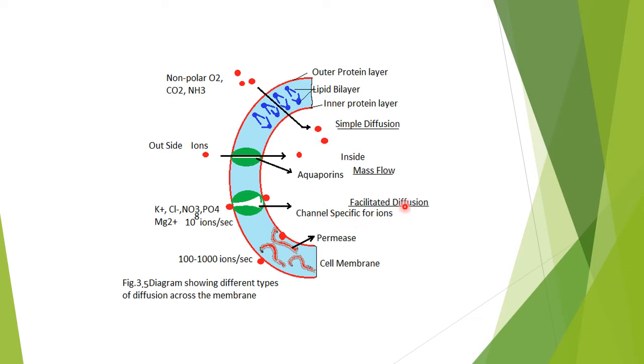Or there can be facilitated diffusion, which takes place either through channels, or through certain transmembrane proteins called permeases. They allow movement from outside to the inside. They are specific in nature. You will see the discussion of it in the next slide.